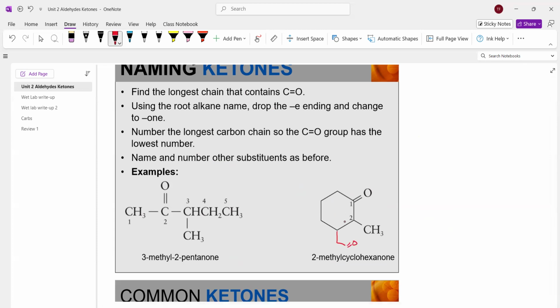Okay, so this, of course, is synthesized from an alcohol, a secondary alcohol. Same with this.